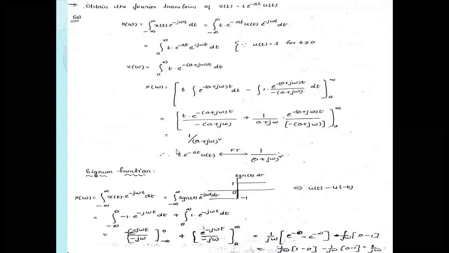Before finding the constant, the signum function is also there. Find the Fourier transformation of the signum function. I will explain here. Another example: x of t is equal to signum of t. Find its Fourier transformation. So what is signum of t?